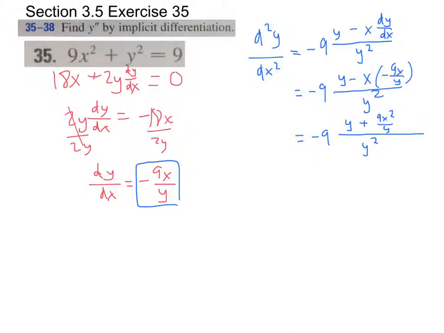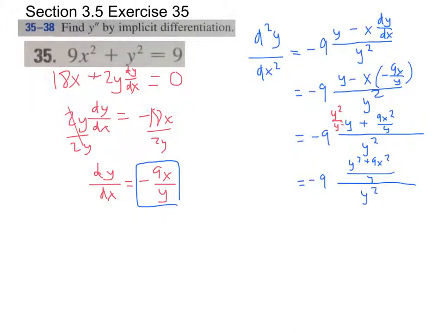So this y is the same as y squared over y. And that's what we're going to add. So we have negative 9 and y squared plus 9x squared. Now they're both over y, and they're all over y squared.